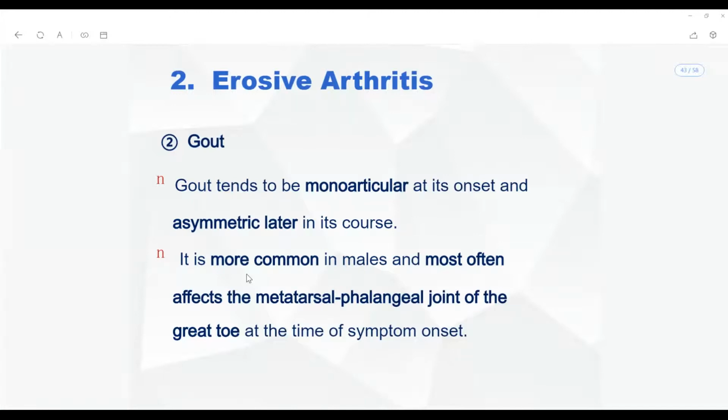But actually it is not an extra growth formation, it is the accumulation of uric acid along this particular region.